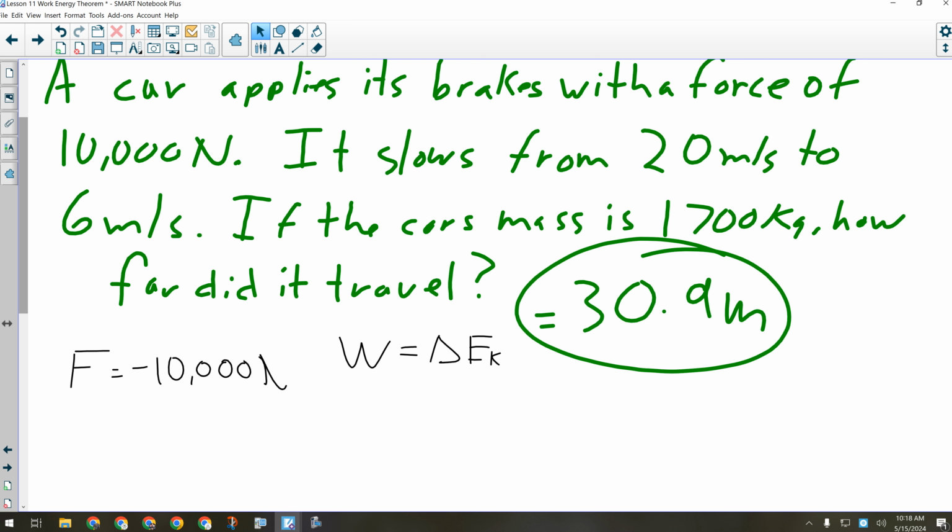If you've never seen how your brakes work, next time you're next to a car, just look in one of the wheels. You'll see this big shiny circle, that is your brake rotor, and then you'll see this little rectangular shaped thing that's clamped onto it. That's the brake pad. When you apply the brakes, the brake pad squeezes against the brake rotor and causes friction. It produces a whole bunch of heat.